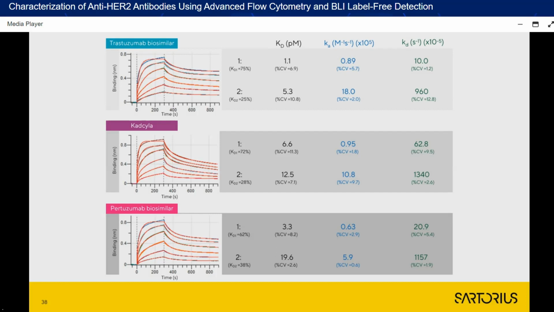When we look more closely at the association and dissociation rates, we can see that with KD1, it was really a slower rate of dissociation that was contributing to that enhanced affinity, whereas with the KD2, it seemed to be more a combination of faster association and slower dissociation that was resulting in the enhanced affinity there.